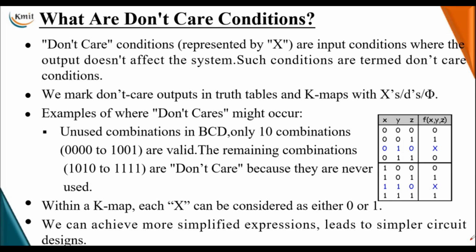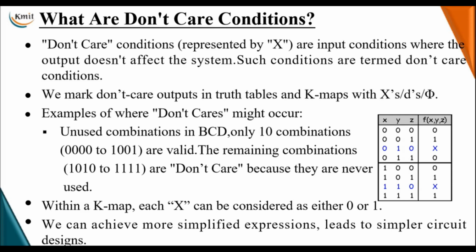Now let me define what it means by don't care conditions. Don't care conditions are the input conditions where the output will not affect your system. Such conditions are termed don't care conditions. For a few input combinations, the functional values of a given function may not be specified. Such combinations of input are called don't care combinations.